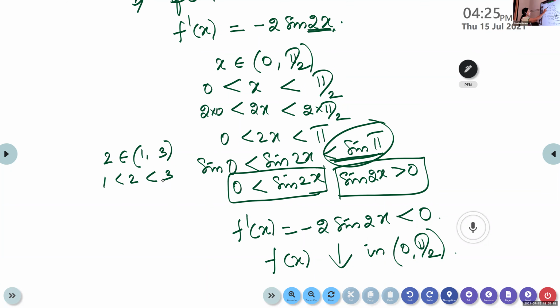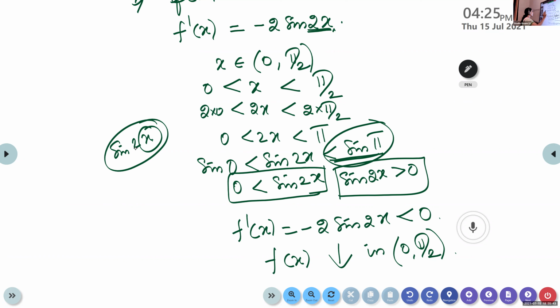In the same way here, x belongs to this interval means we can write this as 0 less than x less than pi by 2. Here we want it in the form of sine 2x. We want to find the value of sine 2x. So we have x. Now the next step is to multiply x by 2. Just like in an equation, here we do it for the inequality.